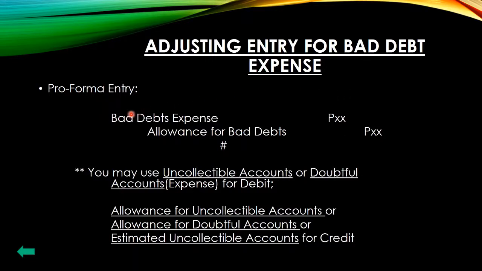Okay? So take note of this again. This is an expense account, meaning nominal ni siya, while allowance for bad debts is a contra asset, meaning this is a real account. Apply gyapon ato ang general rule that there should be one nominal and one real account. Okay?